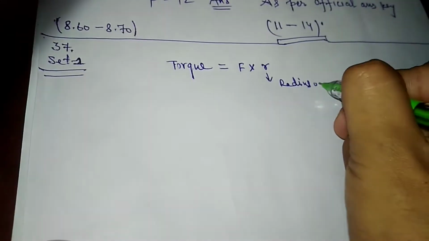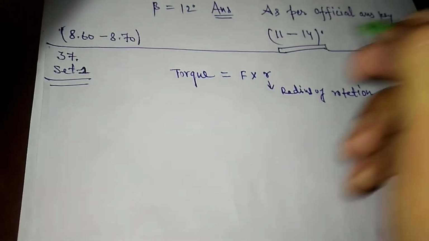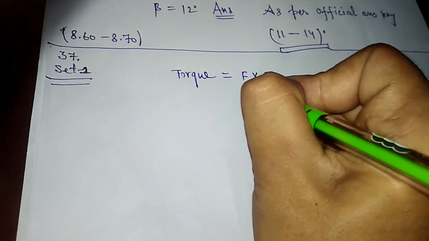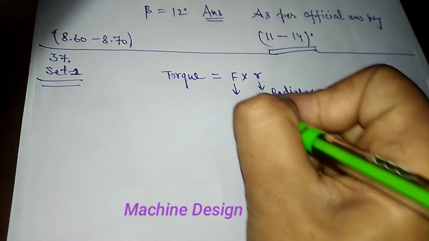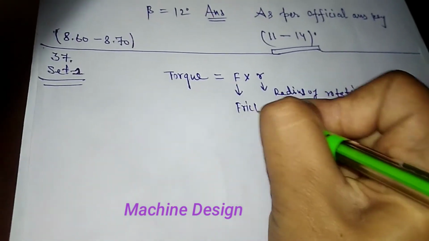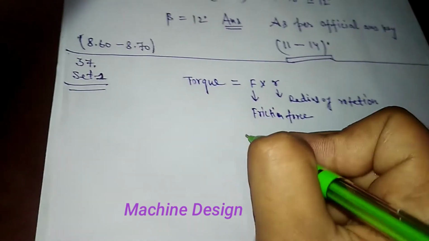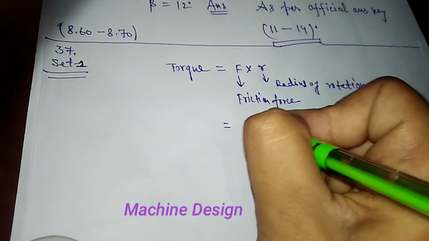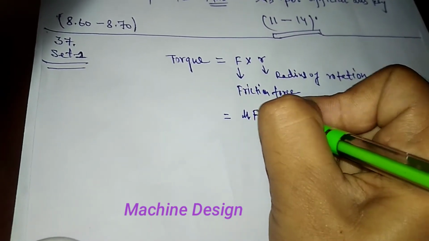And we are talking of a disc type axial clutch, so this will be the friction force. So finally friction force will be equal to mu into F.